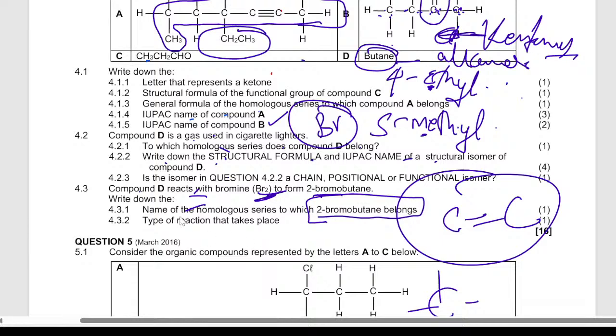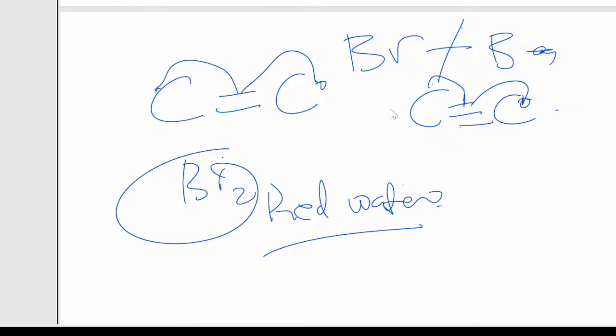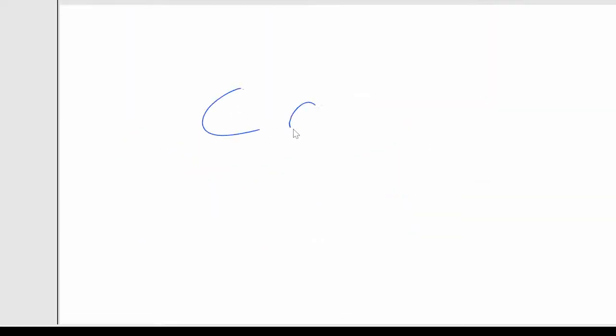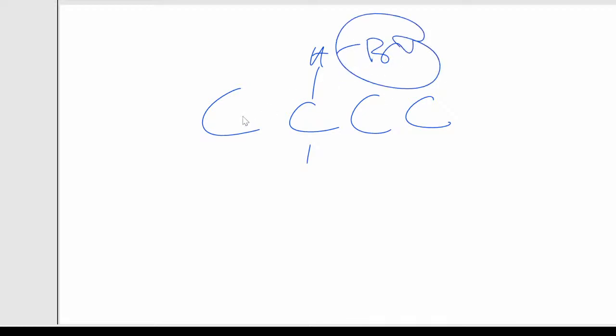They're saying the type of reaction that takes place: substitution. Why are we saying substitution reaction? Because we are removing a hydrogen and we are putting there a bromine. So we are substituting.